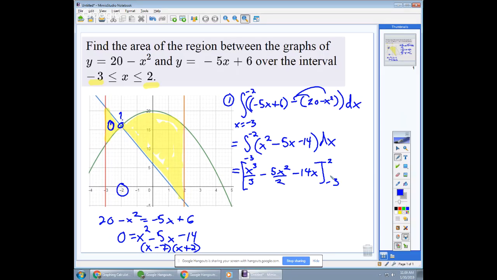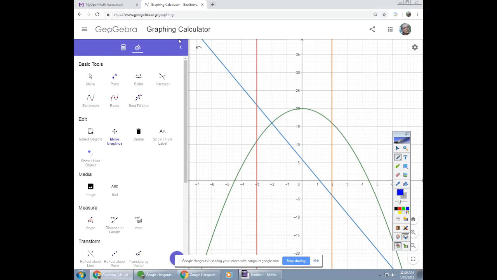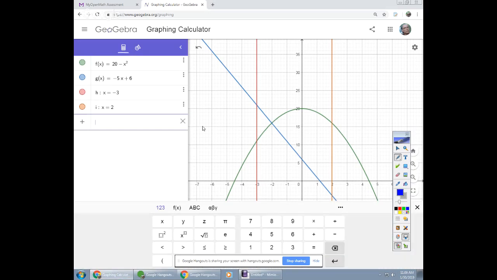So use technology to your advantage. I would enter this as a function in GeoGebra, Desmos, wherever you like, to make it easier and quicker. My antiderivative function, I'm going to call it a of x, equal to x cubed over 3 minus 5x squared over 2 minus 14x.